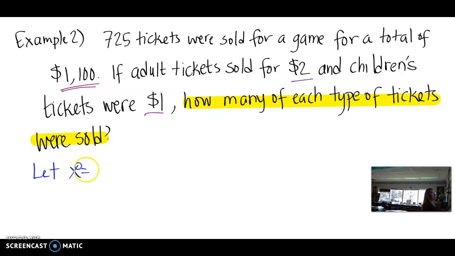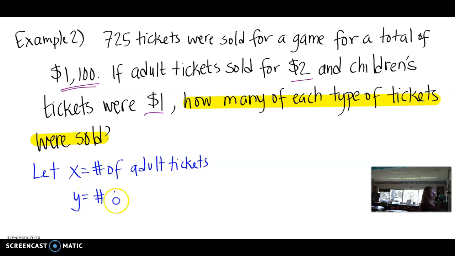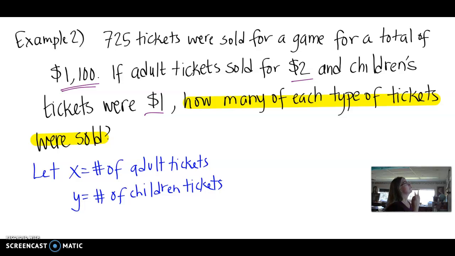So I'm going to let x equal the number of adult tickets, and my y is going to be the number of children's tickets. Now you could put A for adult tickets and C for children's tickets. Doesn't matter. I'm just using x and y.